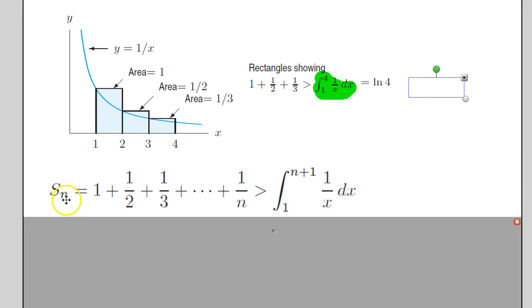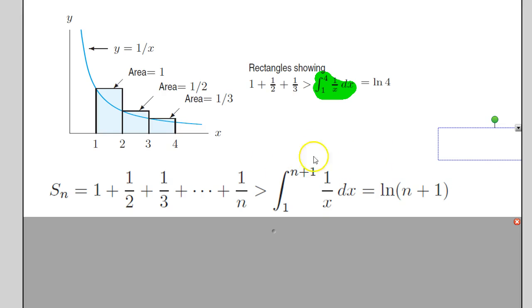We can also say for S sub n, where n can be any number, not just 4, that the area of the first n rectangles is going to be bigger than the integral from 1 to n plus 1 of 1 over x dx, which we know to be natural log of the upper limit, which is n plus 1.